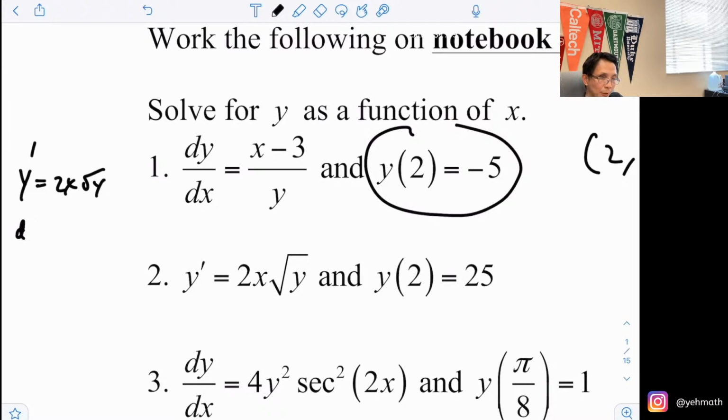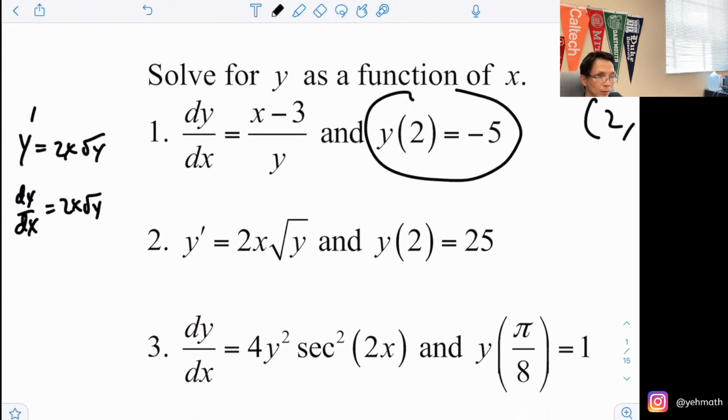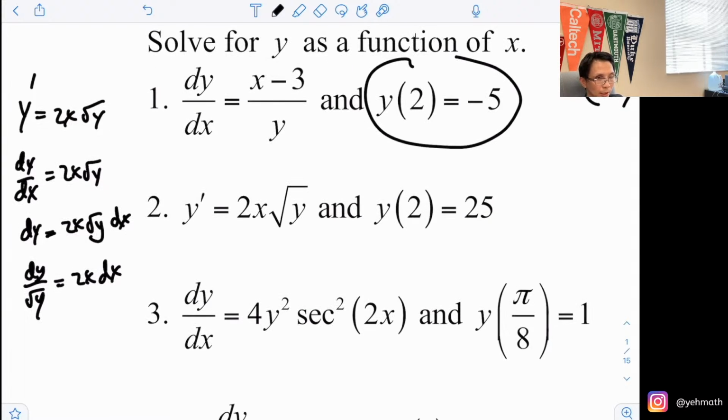Y prime is also known as dy dx, right? Can I move the dx to the other side? Can I move the square root y to the bottom? Can I integrate both sides?